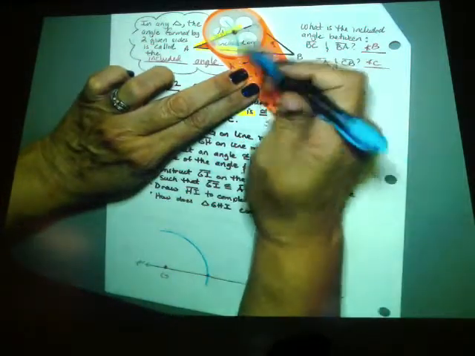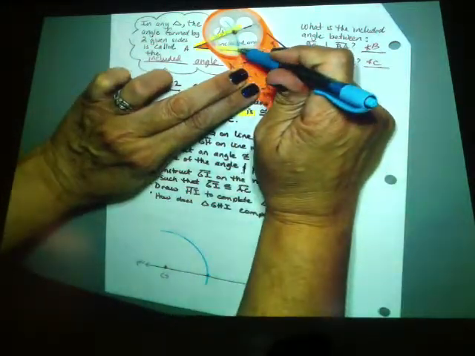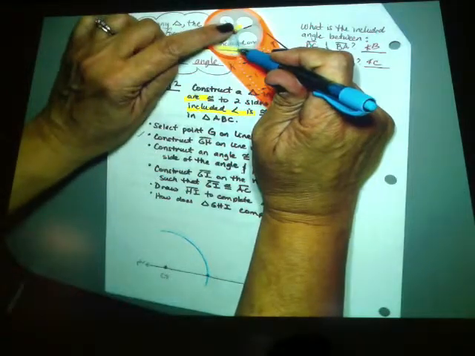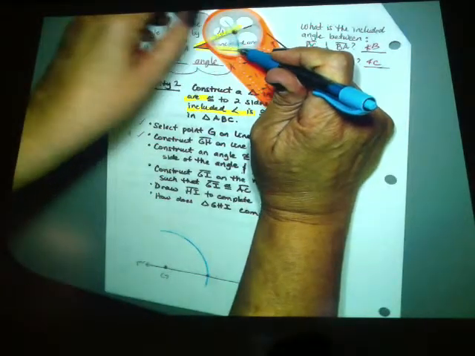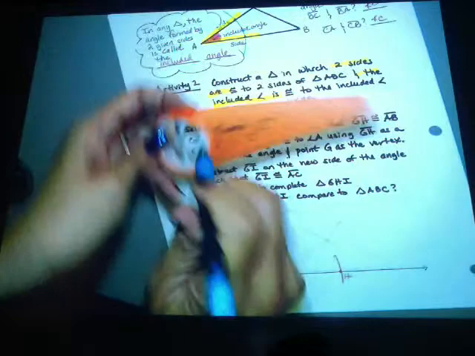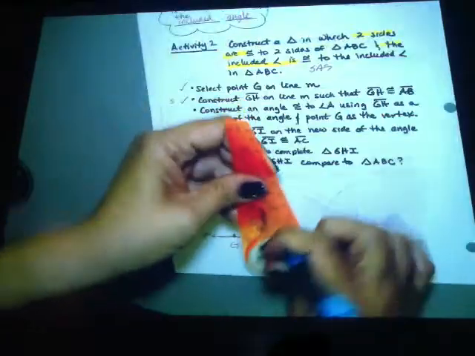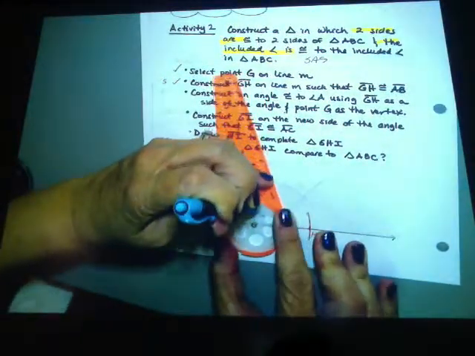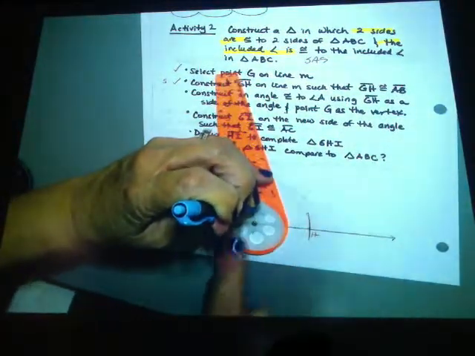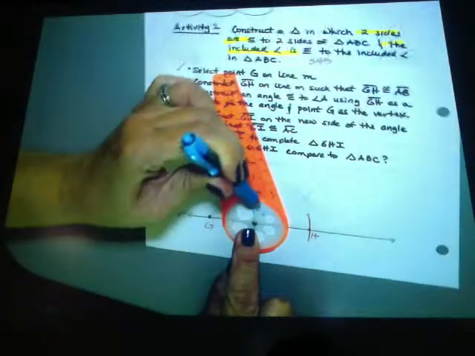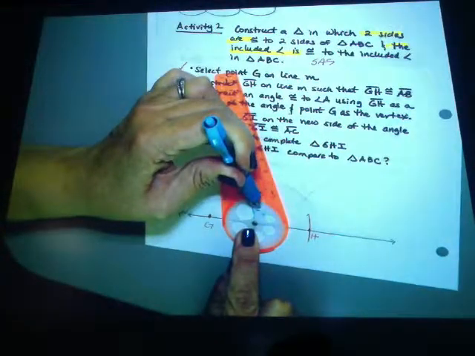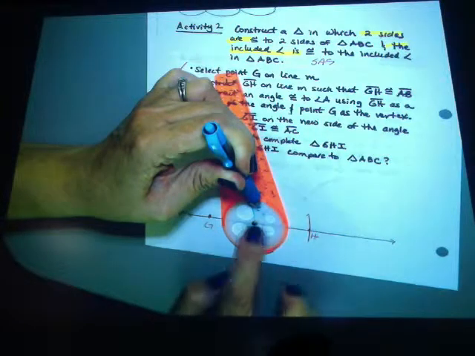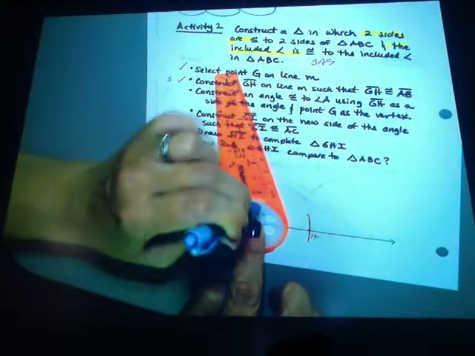Keep your pencil in there so that you know that that's the measurement of the distance from this side of the angle to that side of the angle. Bring this, you have to swing it a little bit. Bring this down to the point that you put here. So your brad or your pointy part goes here. My pencil is still in the hole. I don't want to hold on to this because I won't be able to move the white part.